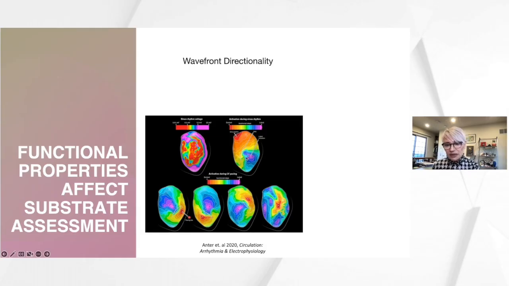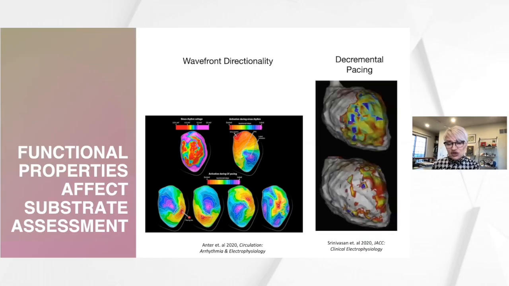Anter and his colleagues demonstrated that the location of the pacing site affected the regions of slow conduction, their location, as well as the magnitude of slowing, and different wavefront directionality was able to uncover new locations of conduction slowing.